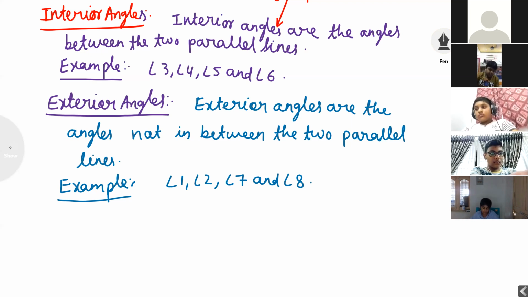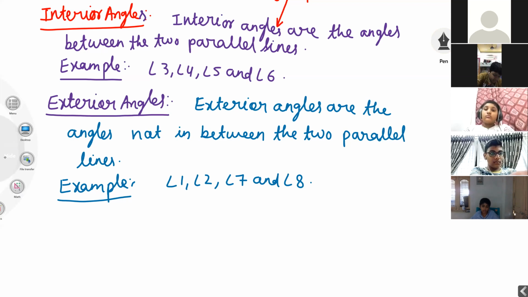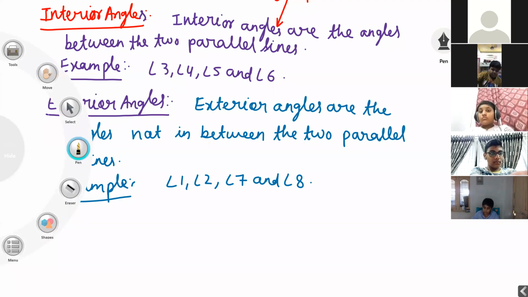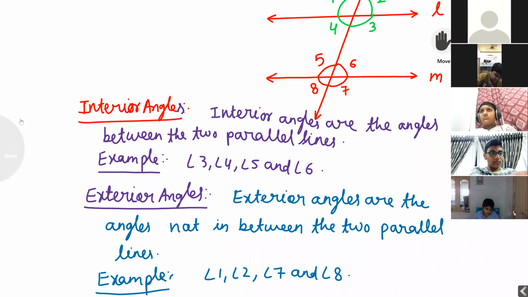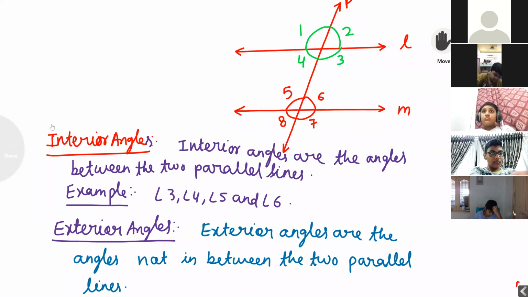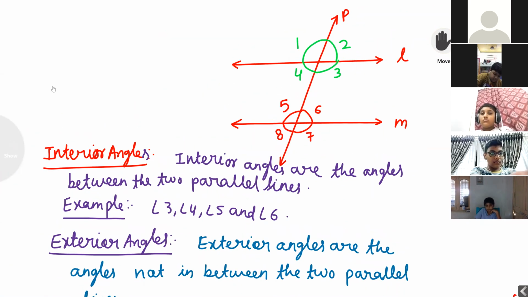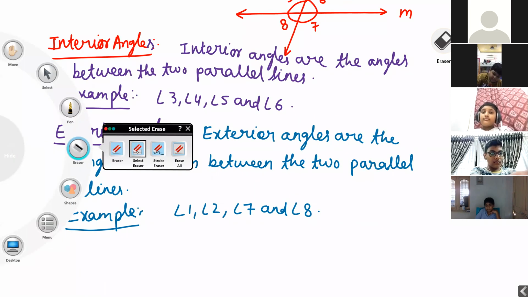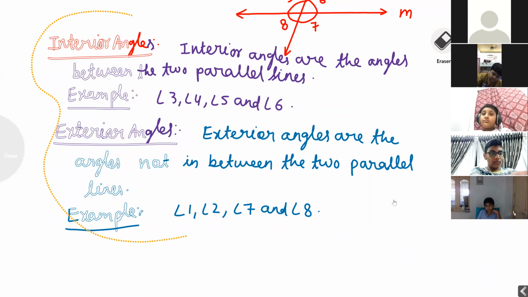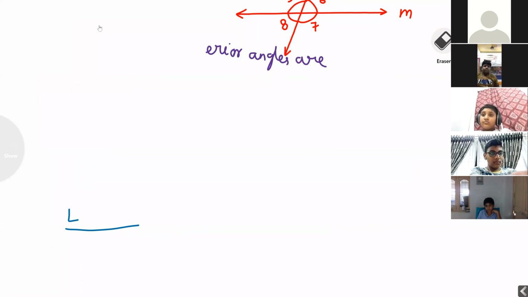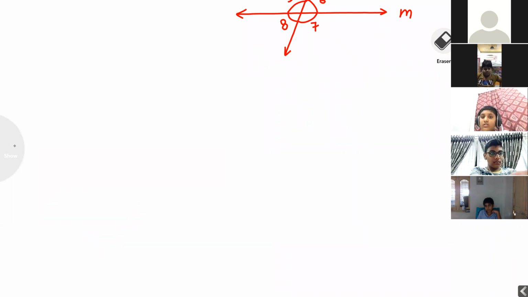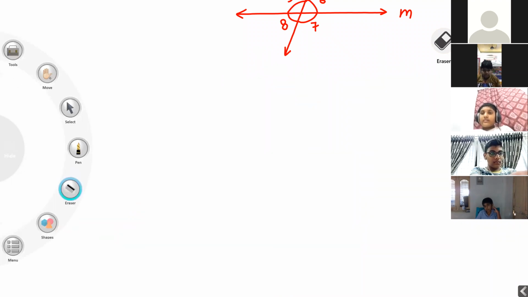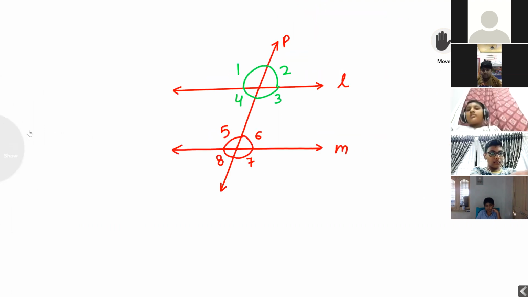Next concept, concentrate here everyone. Right.